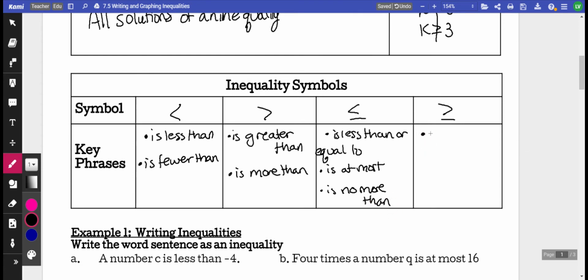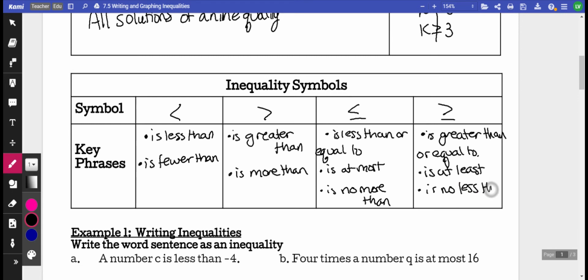And the last symbol, that is greater than or equal to, is at least, is no less than. When we're working through the problems, we can refer back to this chart throughout just for clarification.